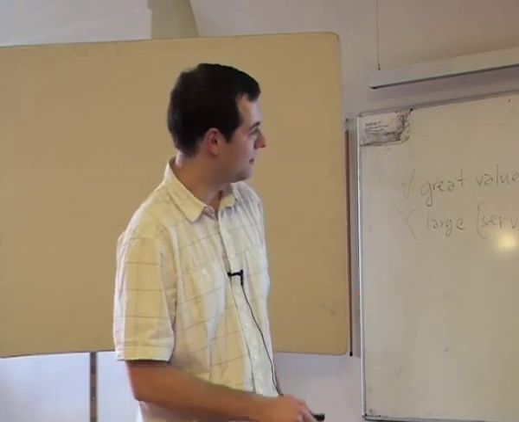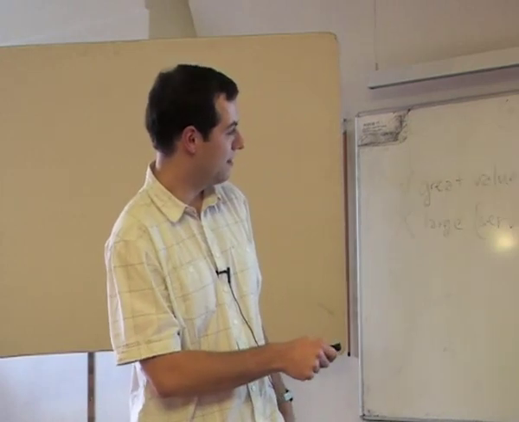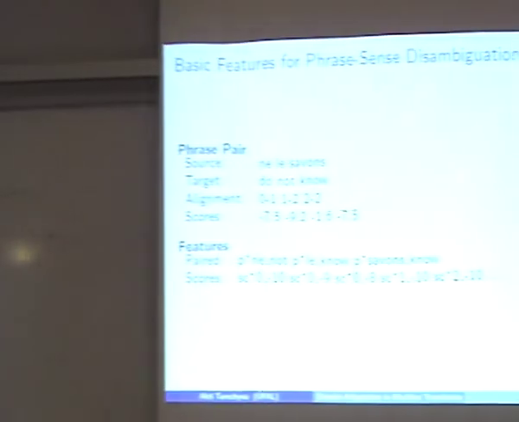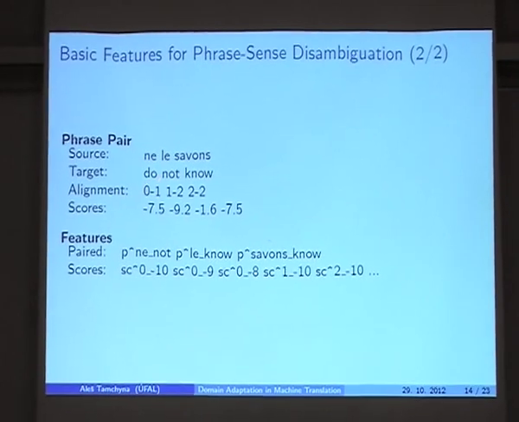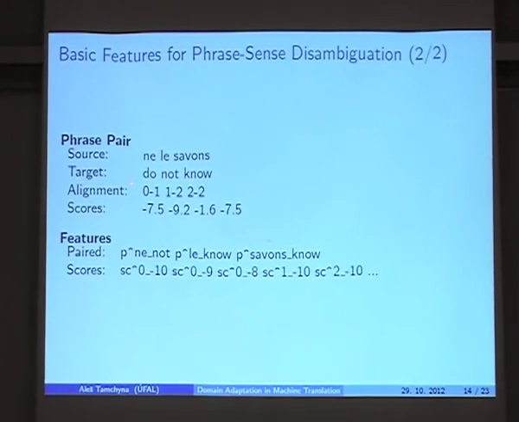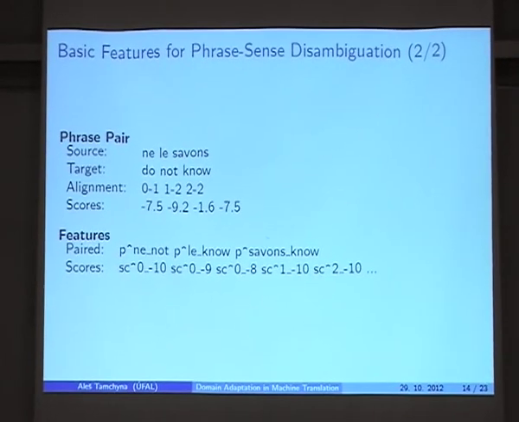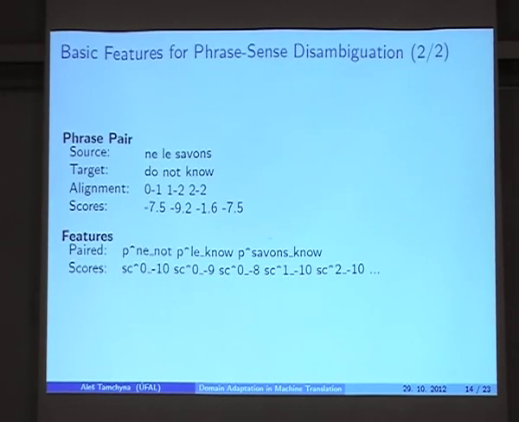So for example, in this phrase, do not know, we might have also phrases like just do not know, and do not know. We could extract all of these, and it depends on the word alignment. I decided not to ask. So anybody else?